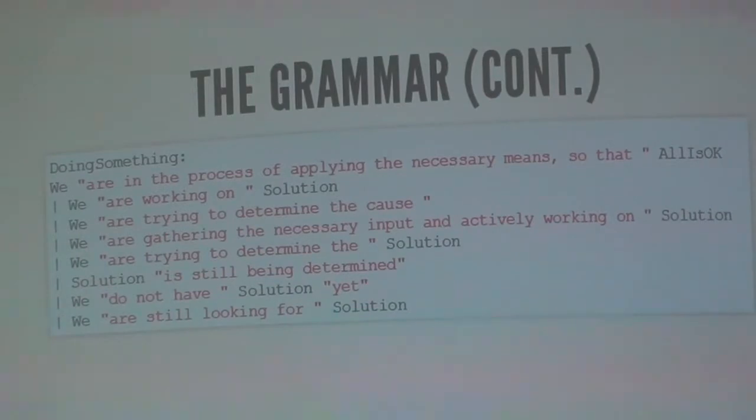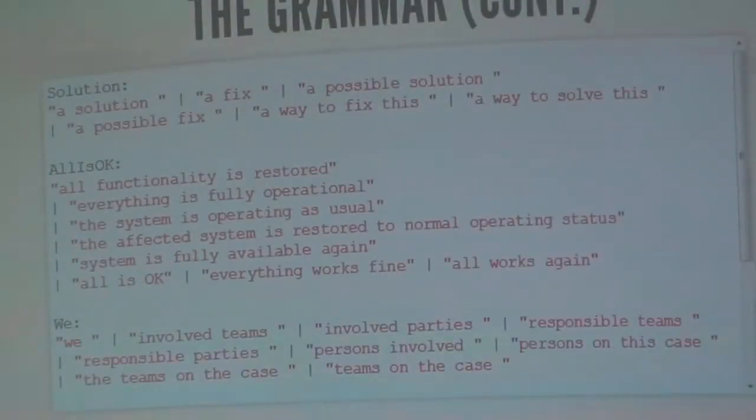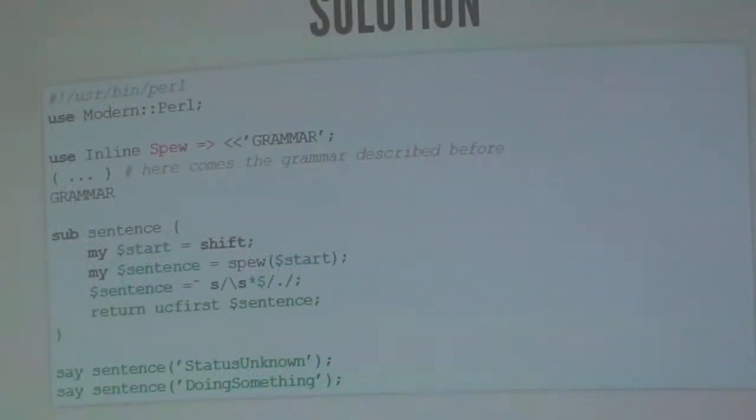How would we define those? Like this. Again, it's all in the syntax of Inline::Spew, and as you see, those are just synonyms. There's no expansion down here. Those are just ways to define words. And when you define a grammar like this one, all that's left is the Perl code, which is fairly simple.